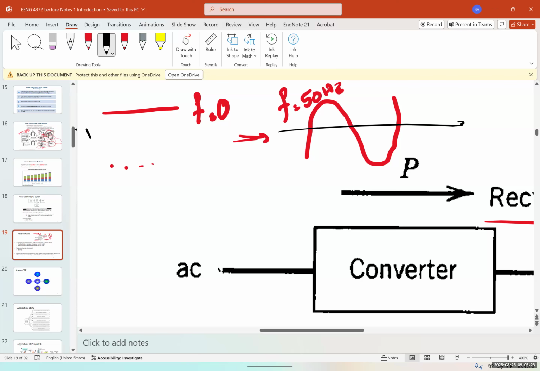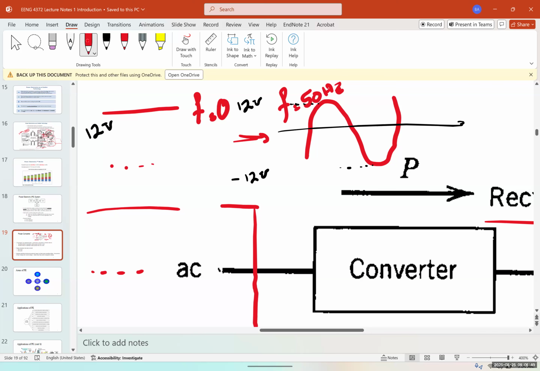Imagine if this is 12 volts, and we want to build something that goes from 12 volts to negative 12 volts, alternating between them. Let's make it simpler. This is a sinusoidal AC. Let's forget about the negative part as well.